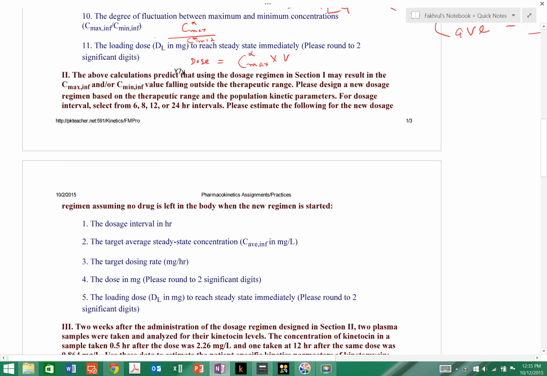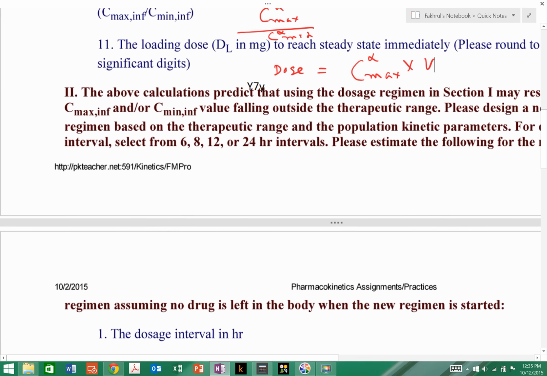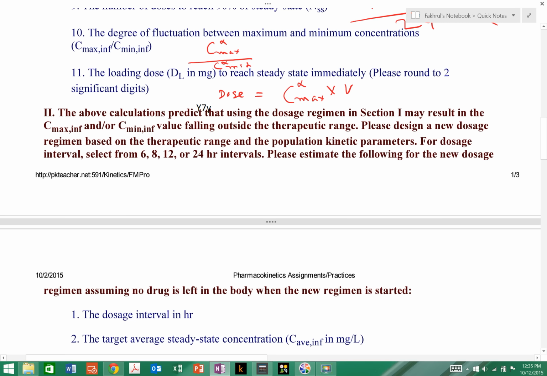See here, this question is asking for information which we have to calculate differently. It says the above calculation, if in the dosing regimen, may result in Cmax and Cmin values falling outside the therapeutic range.